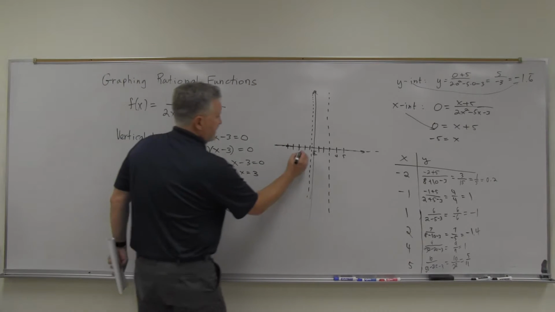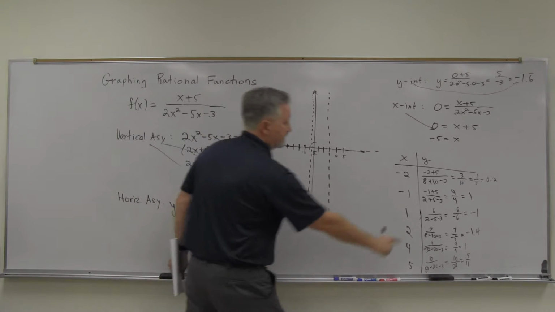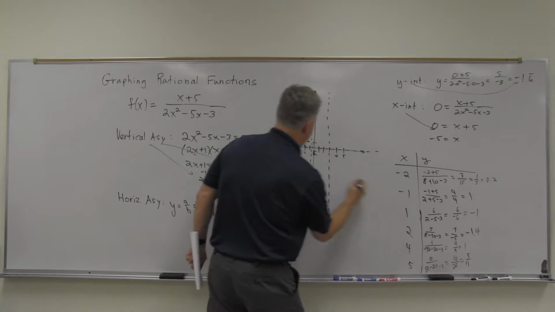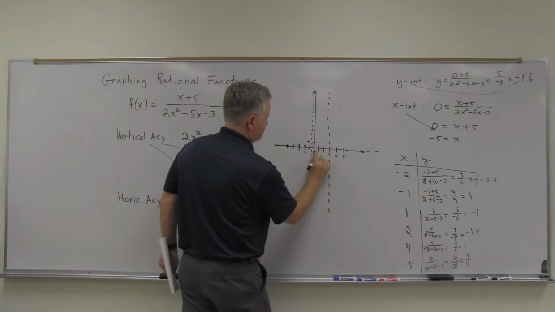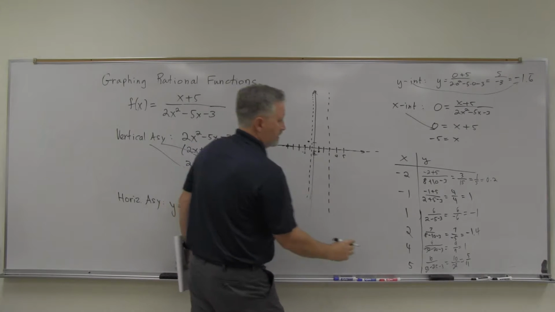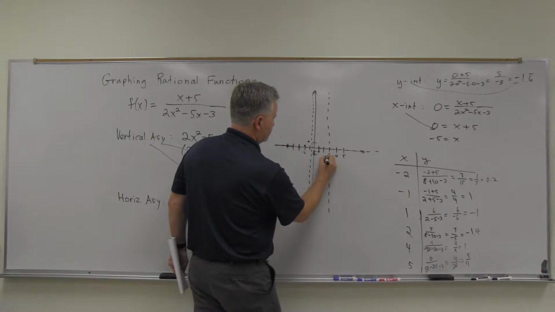All right, so at negative 2, I'm just at 0.2, so it's not very much off the x-axis there. At negative 1, I'm at 1. At 1, I'm at negative 1. At 2, I'm at negative 1.4.